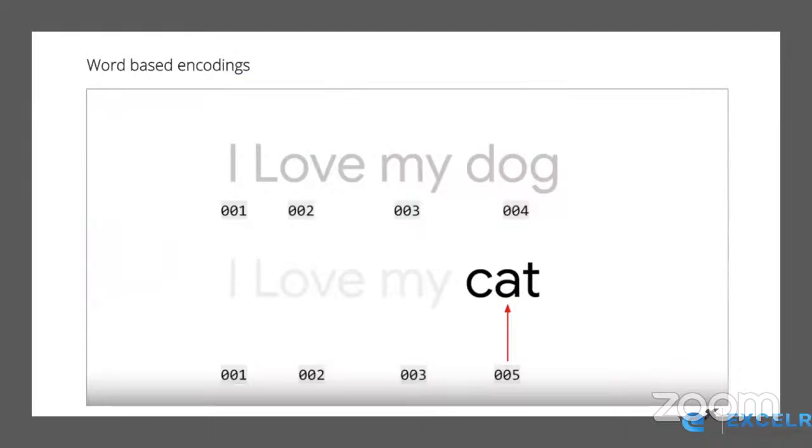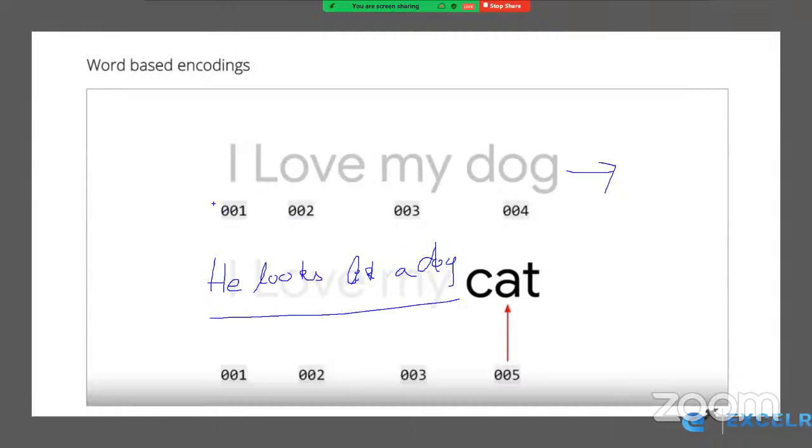I can even give you a better idea. Let's say, I love my dog. Okay, this is one sentence. He looks like a dog. Now this sentence and that sentence are totally different, because here you are subjecting to a dog, but there you are subjecting to him, someone, or maybe I can give a name, Alex.